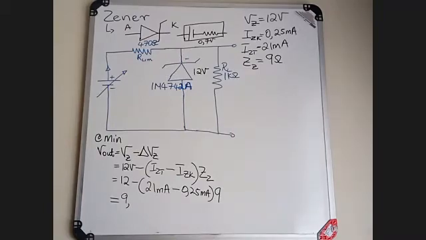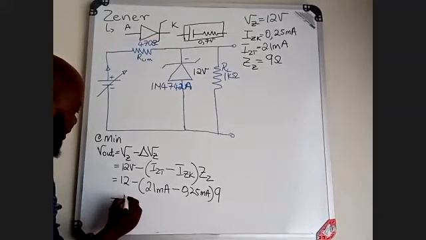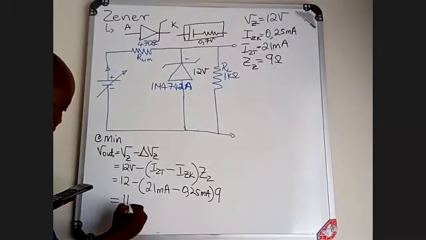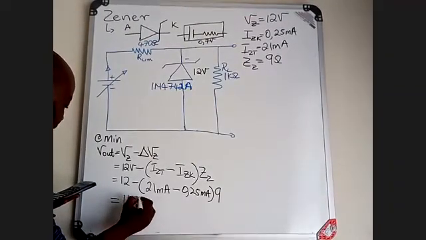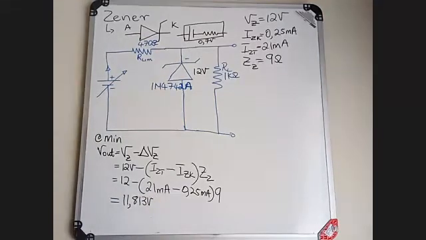What did I do? Sorry. 21 to the 3 minus, which is 11,813 volts.